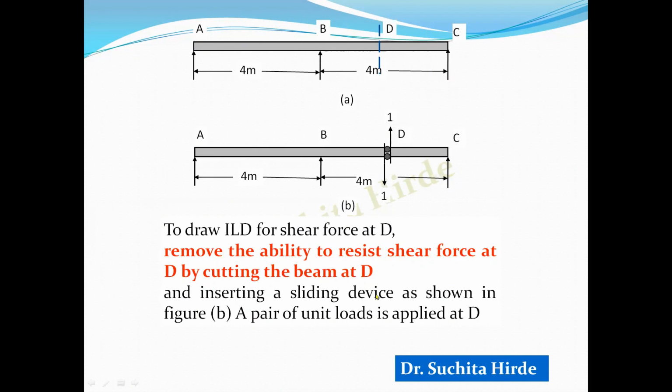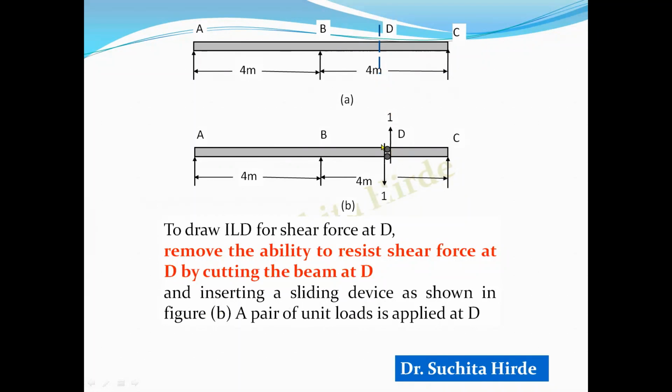So first of all, we have to cut the section at this location D to remove its ability to resist the shear force, and then insert a sliding device as shown in figure, and then apply a pair of unit loads at required section. So you know that shear force is always in pair.